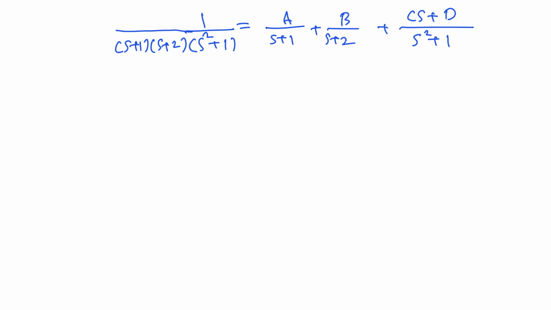So we first multiply by s minus i on both sides and set s equal to i. See what happens.